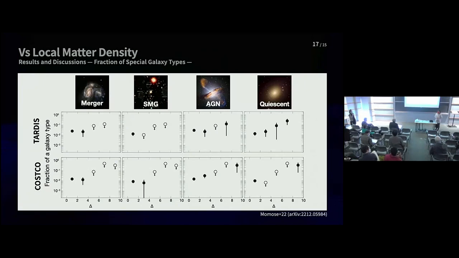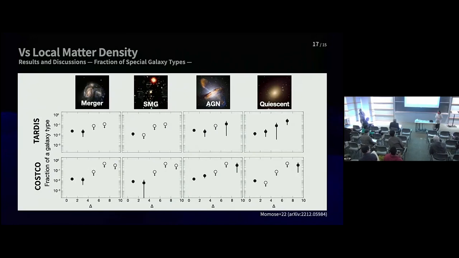So, is that a redshift 2 versus redshift 0 effect, or do you maybe have any insights? Do you mean the dependence of the colors? Well, the star formation rate as a function of the environment density.